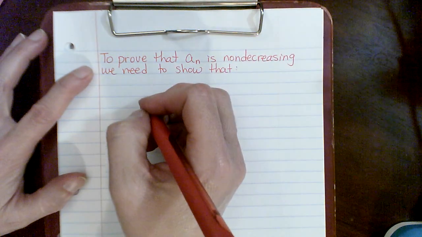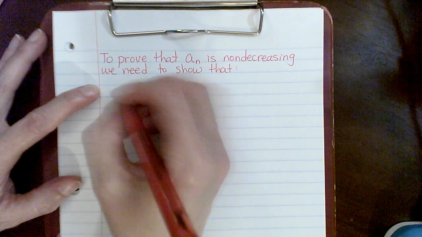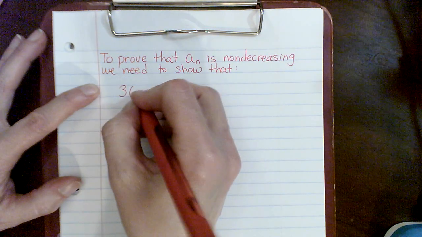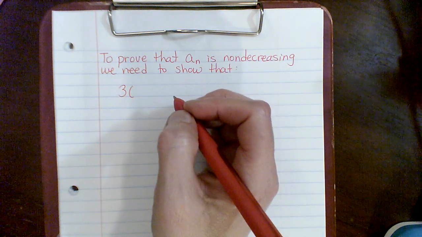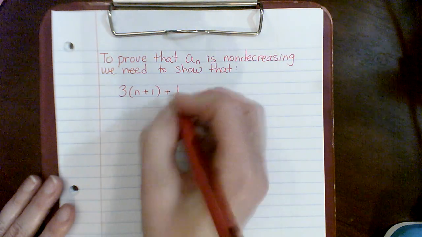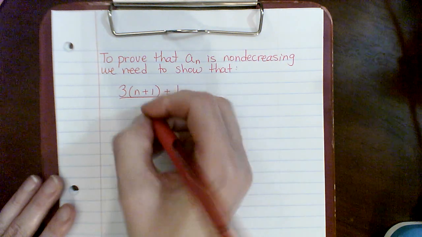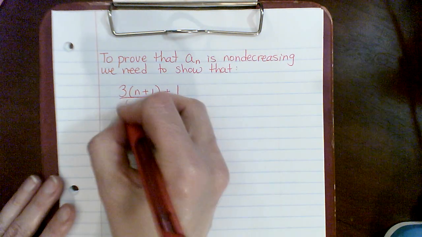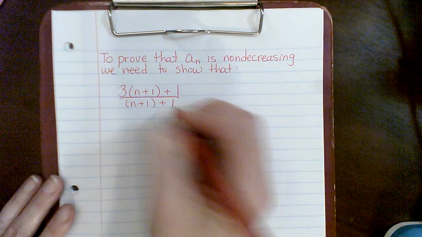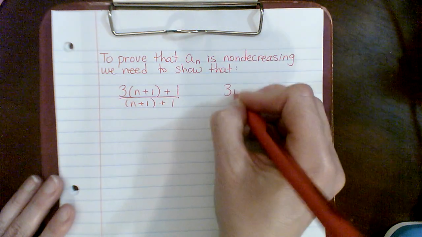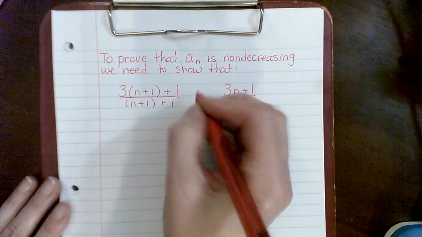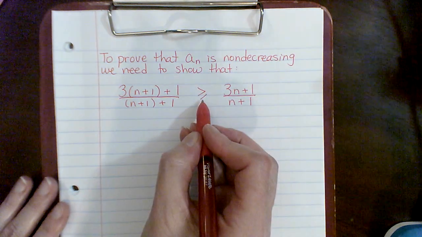And I know it is an hour into this and you are not in the mood to be messed with. But we're going to need to take this sequence, this 3n plus 1 over n plus 1, and replace n with n plus 1. Then we get this (3(n+1)+1)/((n+1)+1). We need to show that this inequality is true.